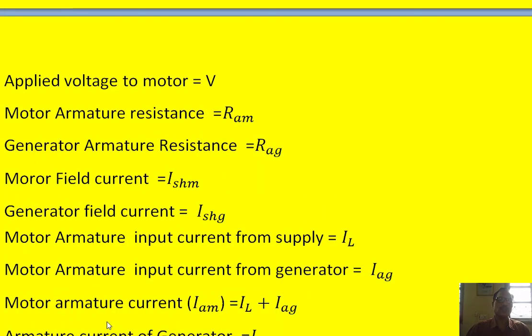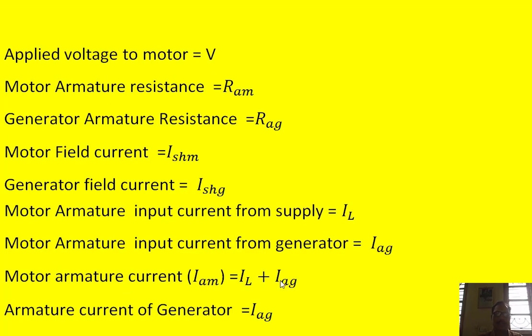So here we have to assume that the applied voltage to the motor is V volts, and the motor armature resistance we call RAM, generator armature resistance is RAG, motor field current is nothing but ISHM, generator field current we call ISHG, and motor armature input current from the supply IL, and motor armature input current from the generator is IAG, and motor armature current IAM.